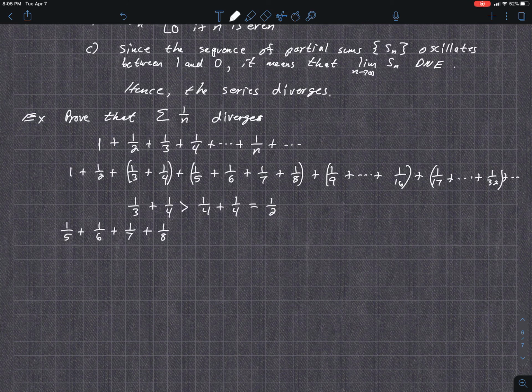And then if we look at 1/5 plus 1/6 plus 1/7 plus 1/8, because those denominators are smaller, this has to be greater than if I just put 1/8 in all of those instead.